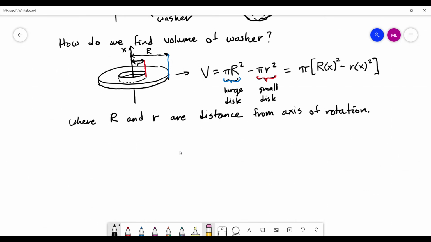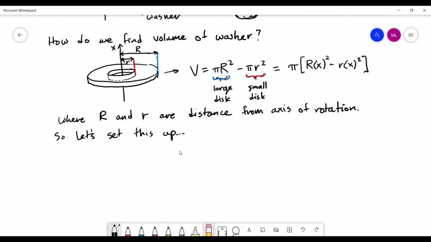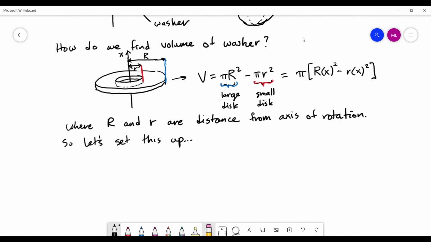And that makes it a little bit trickier. So how would we set up this problem? Once I have the volume of my little washer, which we've got here, all we have to do is integrate and add up all the different washers that are going to be used to make this donut shape that we've got here, our stack of washers.